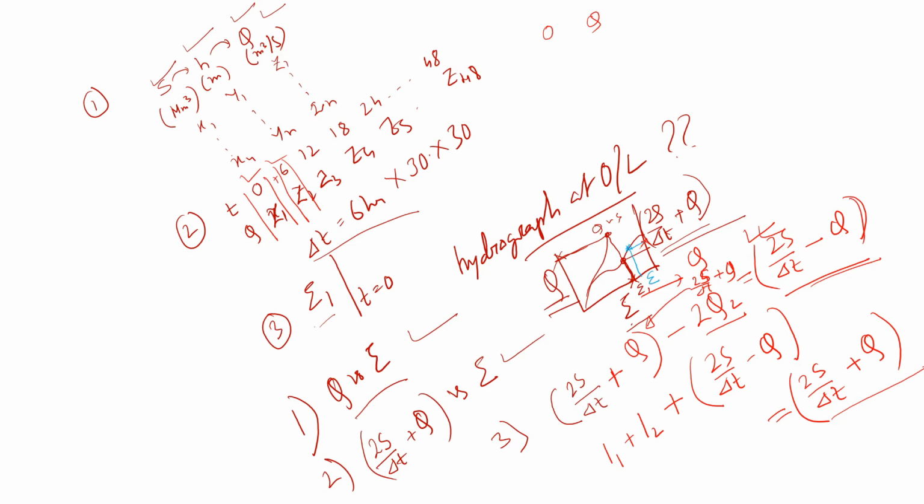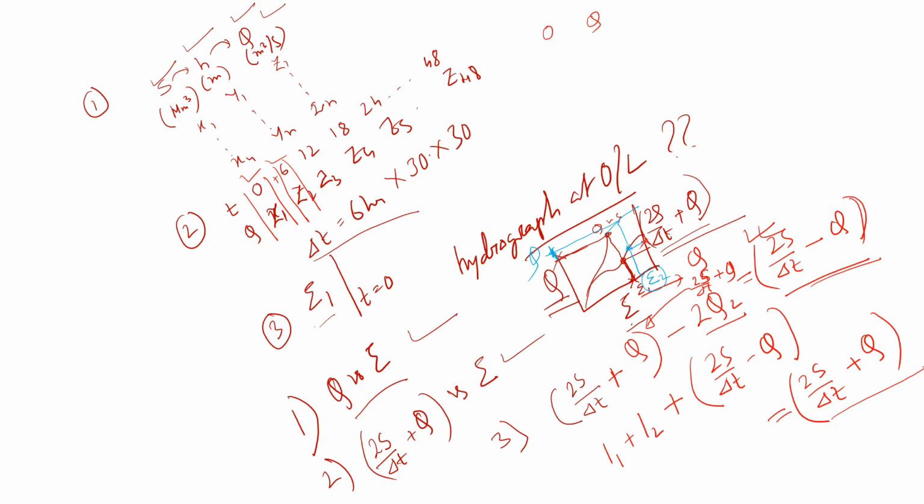That will give another elevation, this new elevation. And this new elevation again, if you extend it towards the Q versus elevation curve, then it will give a new Q also. Is it correct?